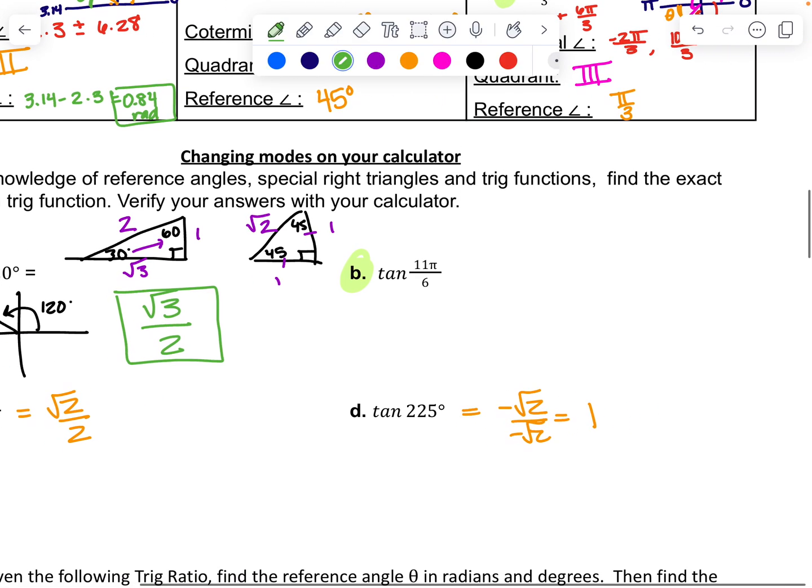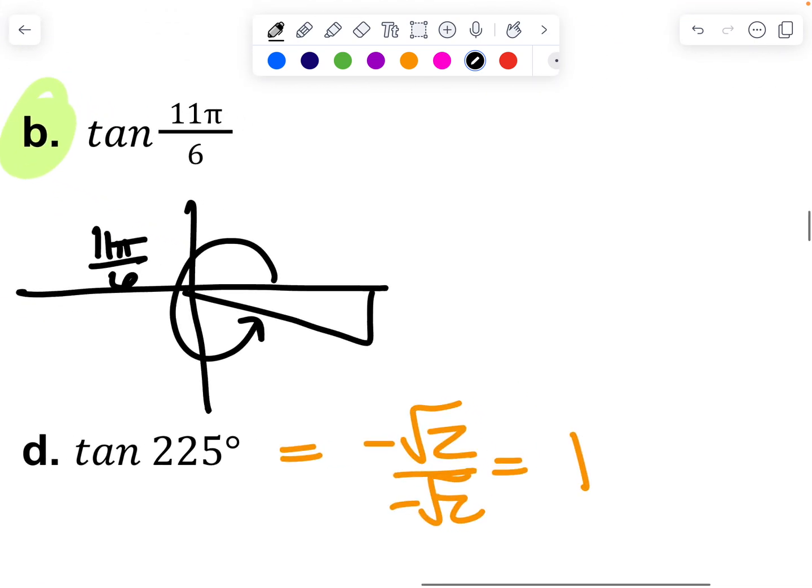All right, same process. Let's do the tangent of 11 pi over 6. All right, well, 11 pi over 6 is going to be in that fourth quadrant, which means my reference angle here is pi over 6.